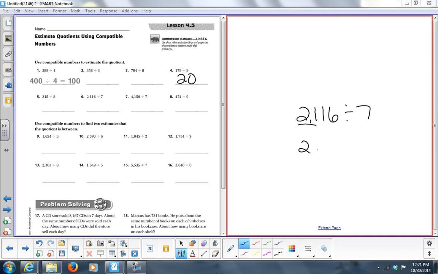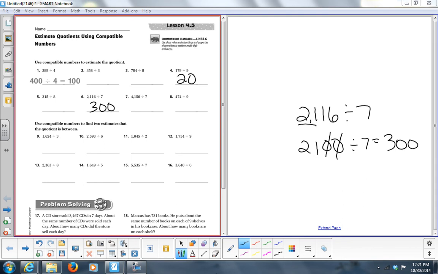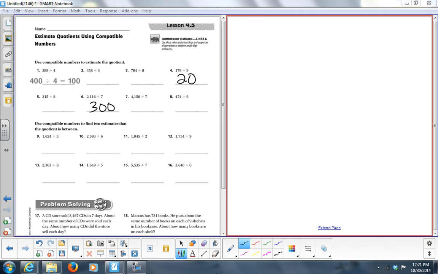You're going to do 21, and then instead of just doing 16, it would be turning into 2. Just make them into zeros so I can divide easily. 21 divided by 7 is 3. How many zeros? 2. Okay, number 10.